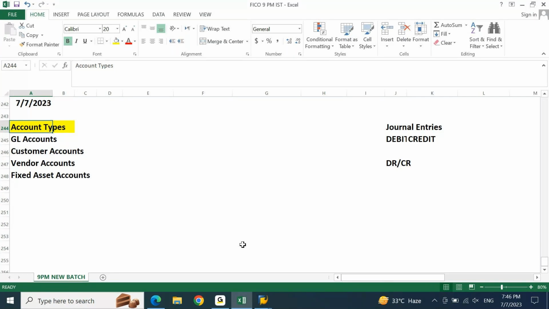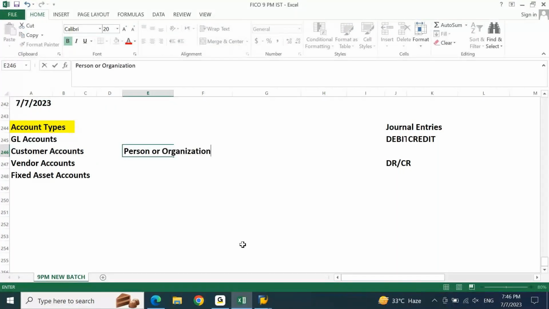All the leftover accounts will belong to one particular category. In general, if I talk about customer, who can be your customer? There are only two possibilities. Who are those two? The person, or the organization, correct?